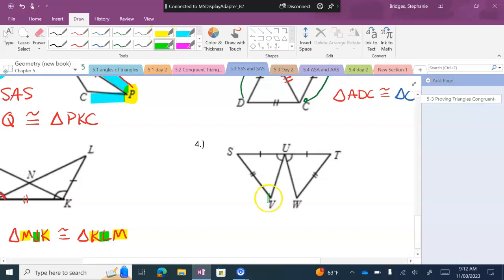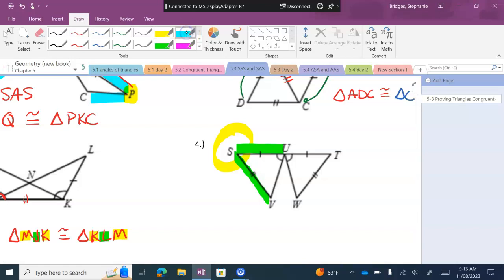In my triangle on the left, I have SV and I have SU that are marked congruent. The angle in between that is what? No. Look at the angle where those two greens touch. S. That's the included angle. Is that angle marked congruent? It's not, is it? Okay.